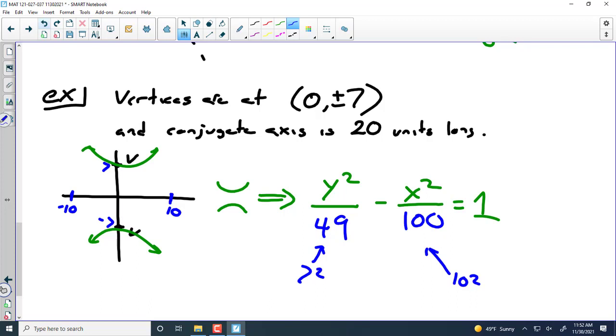I figure out which way it opens. That tells me if I should write y squared minus x squared or x squared minus y squared. And I figure out how far I went up and down, so I can square that number and put it under y squared. I figure out how far I went left and right, so I can square that number and put it under x squared. And I'm done.